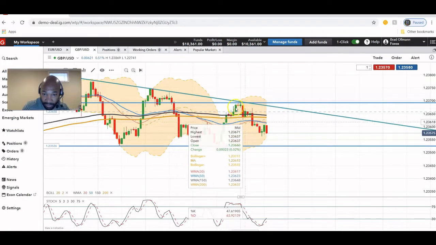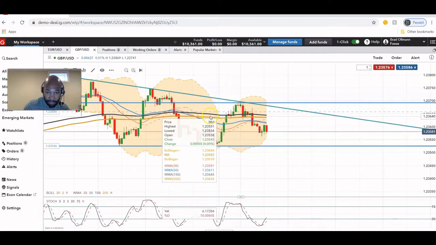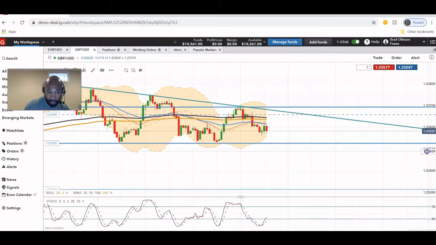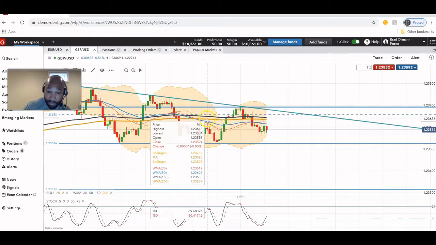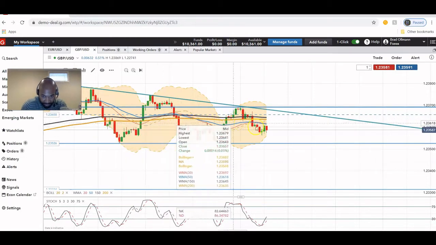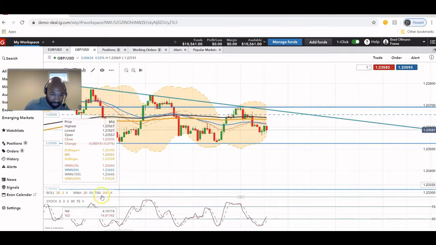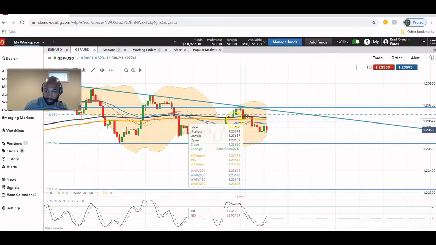So here you can tell it broke. Let me see. Oh wow, it broke the 150 period weighted moving average. It broke, or there's this standstill here with the 150 period and 250 period moving average.